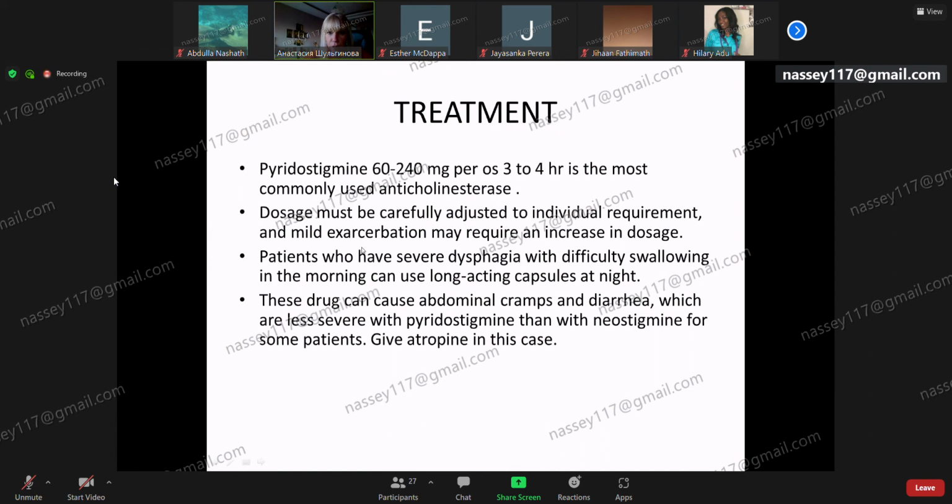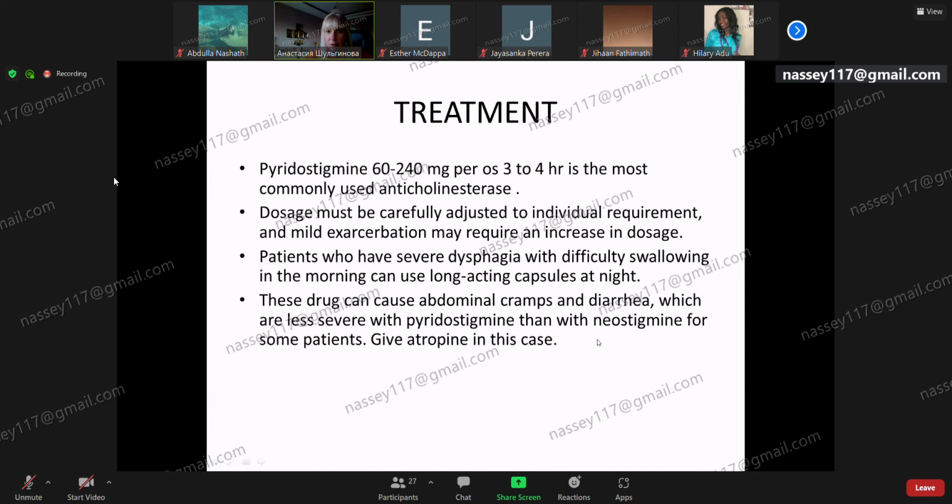Patients who have severe dysphagia with difficult swallowing, like in bulbar syndrome, can use long-acting capsules at night, in addition to the morning dose. This drug can cause abdominal cramps, diarrhea, and decreased blood pressure, which are less severe with pyridostigmine than with neostigmine for some patients.